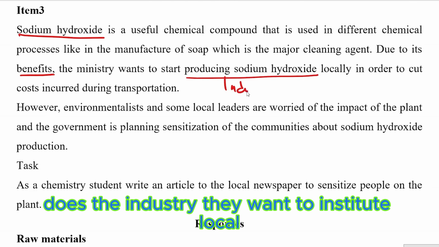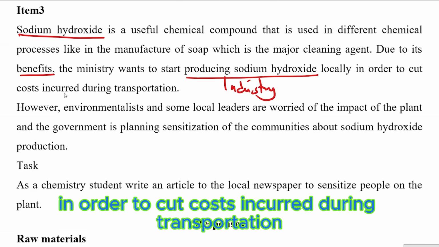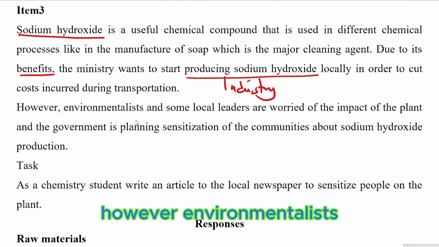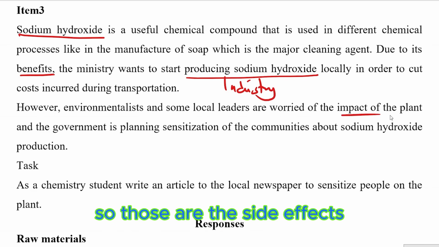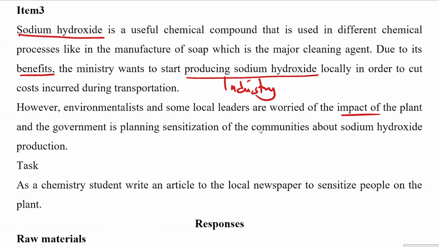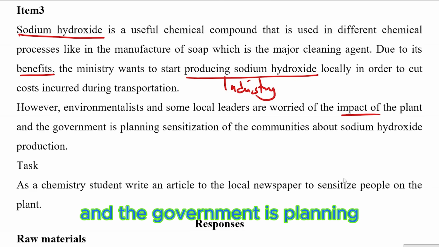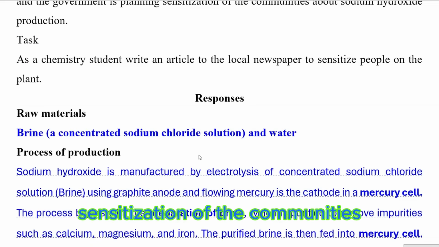That's the industry they want to institute locally in order to cut costs incurred during transportation. However, environmentalists and some local leaders are worried of the impact. So those are the side effects, and the government is planning sensitization of the communities.